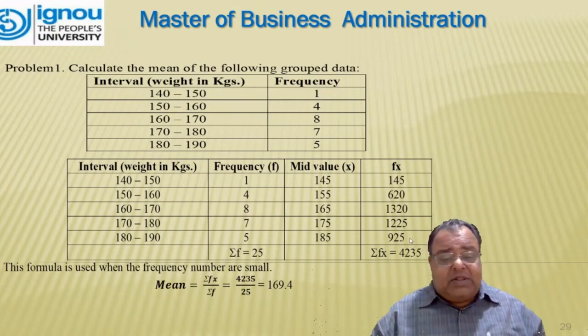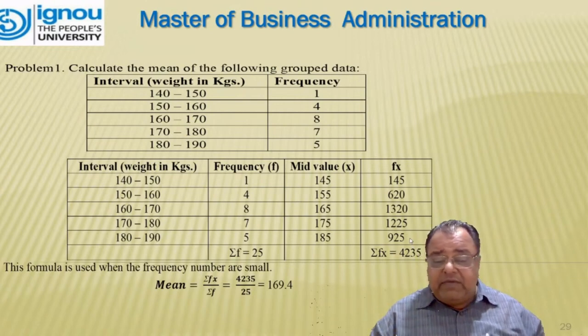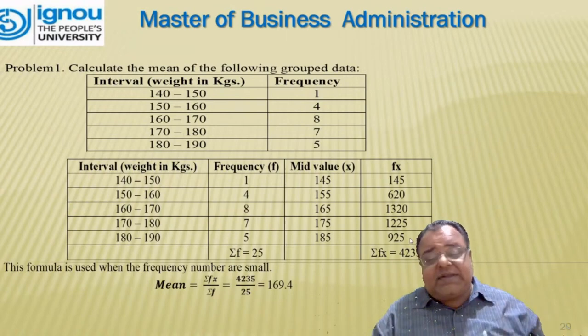We will add all this, taking the summation of f and the summation of fx. The mean formula for this is summation fx divided by summation f. That is 4235 divided by 25, which comes out to be 169.4.